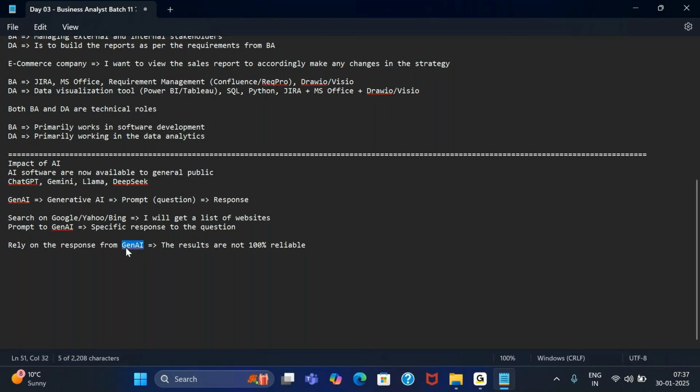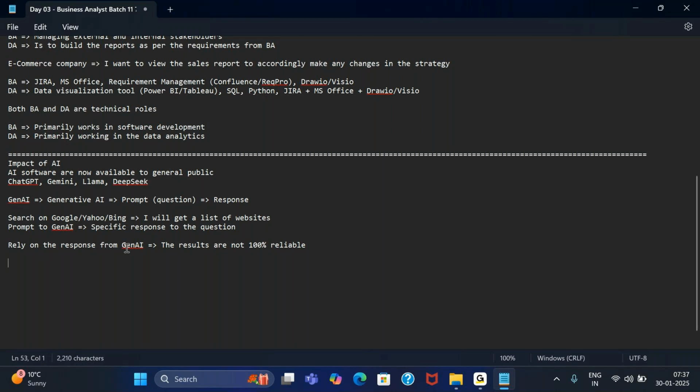So if the results are not 100% reliable, why should I be worried about AI? Why should I be worried about whether AI will take my job, or why should I even be using AI?